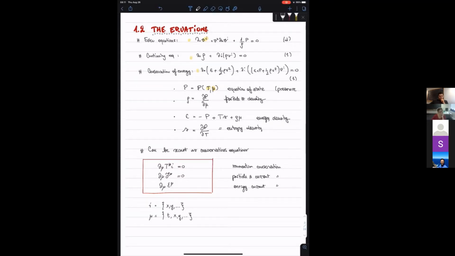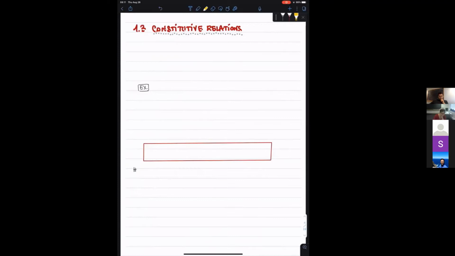But what we have to do is to provide how these currents are expressed in terms of the original hydrodynamical variables to make sense of these equations. So these would be conservation equations, but we need to provide constitutive relations. This means that I need to tell you how, for example, J0 depends on the other quantities, and it's simply rho, the particle number density.